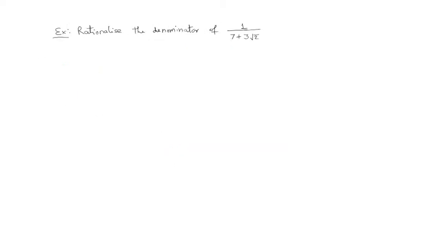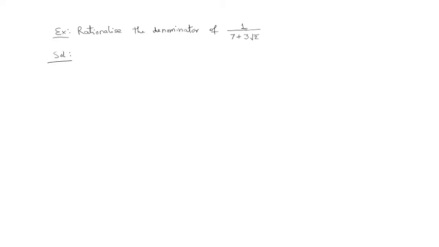So next is 1 upon 7 plus 3 root 2. Again we will multiply by 7 minus 3 square root 2 and divide by the same 7 minus 3 square root of 2.